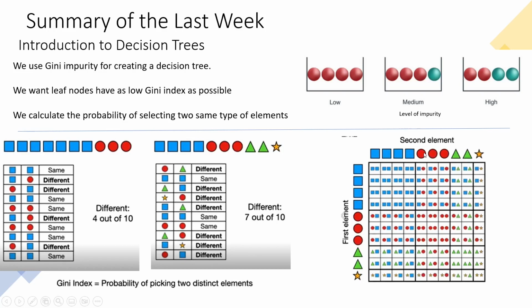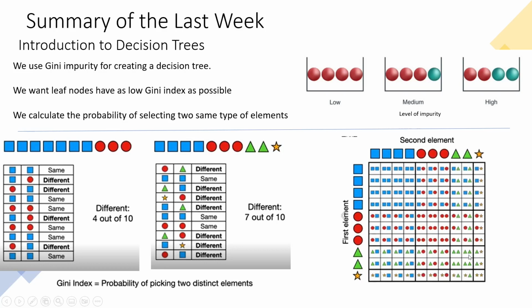And the way we calculate the Gini index is we basically create a table, and then it is 1 minus the area of selecting same elements. In this case, the total area is 10 by 10, it's 100 since we have 10 elements. And we have this area, it's 4 by 4, which is 16, that's 3 by 3, since we have 3 same elements from this class, we have 2 different elements from this class.